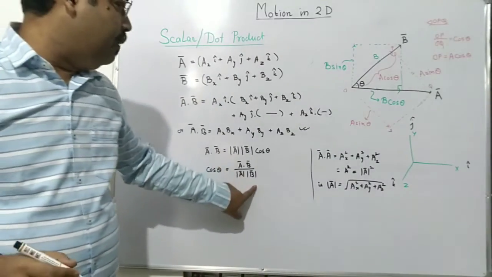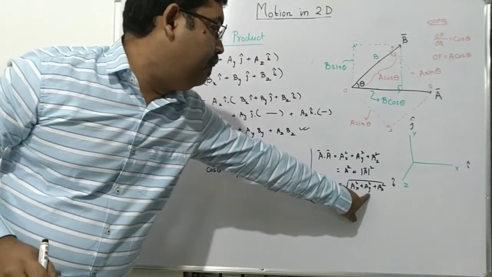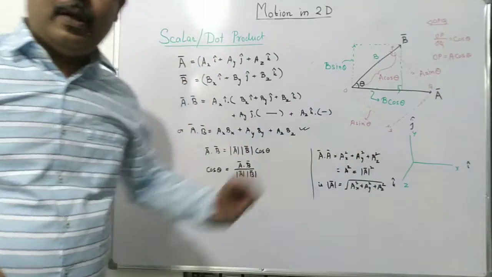Similarly, modulus of vector B will be given by Bx squared plus By squared plus Bz squared, whole thing under square root.